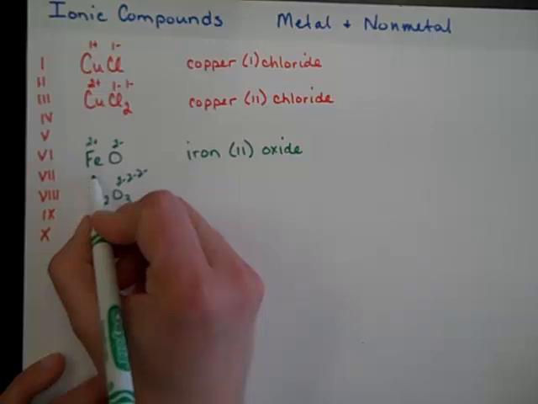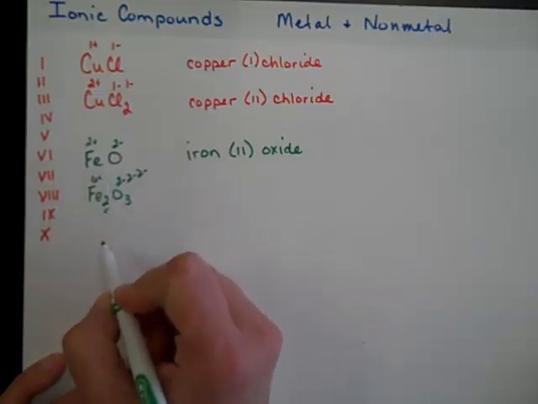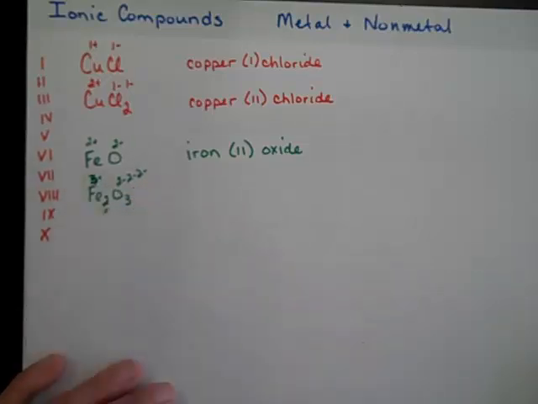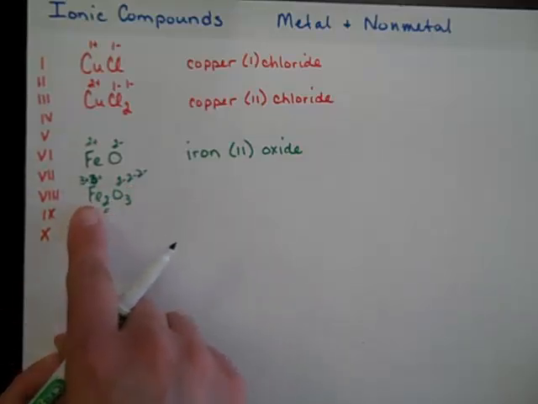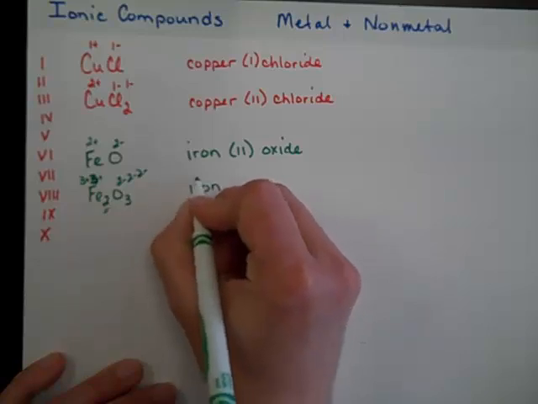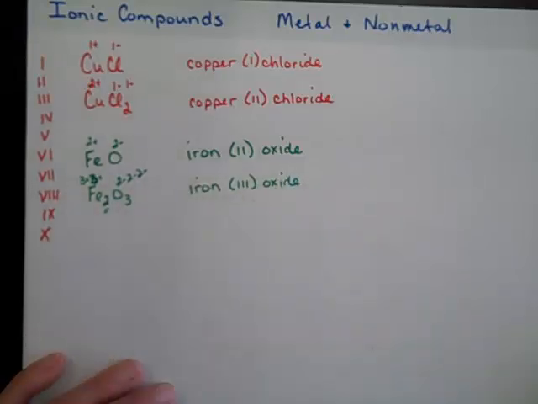Well, in order to get 6 total positives out of 2 irons, each iron must have a charge of 3 positive. So the iron in this case has a 3 positive charge because there's 2 of them. And to balance out 6 negatives with 2 irons, we need 3 positives. We would have iron 3 oxide.